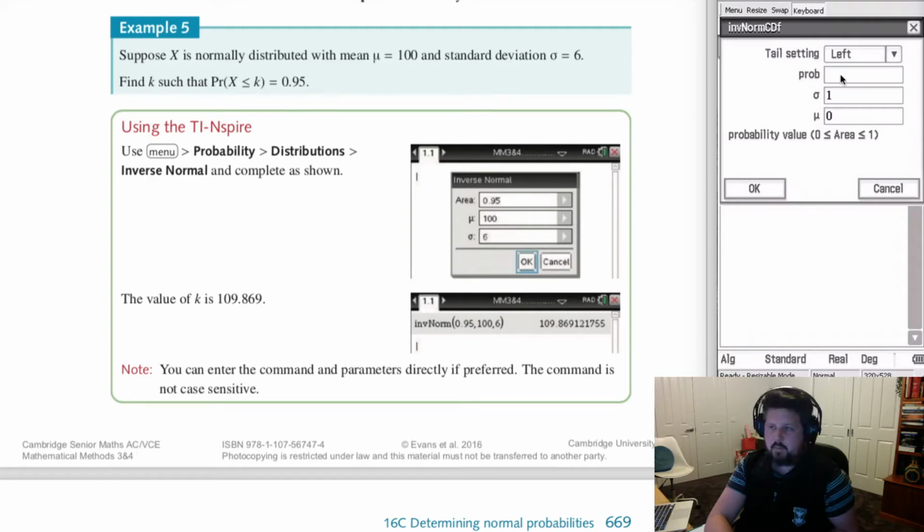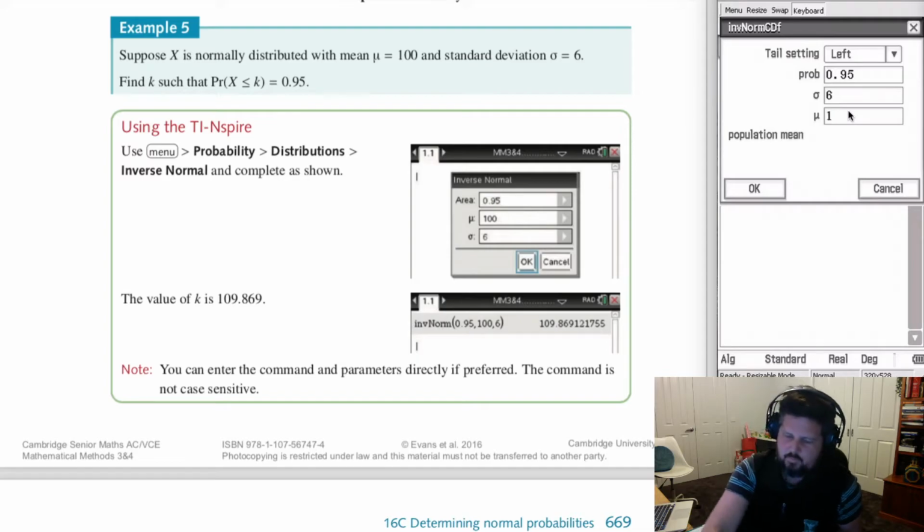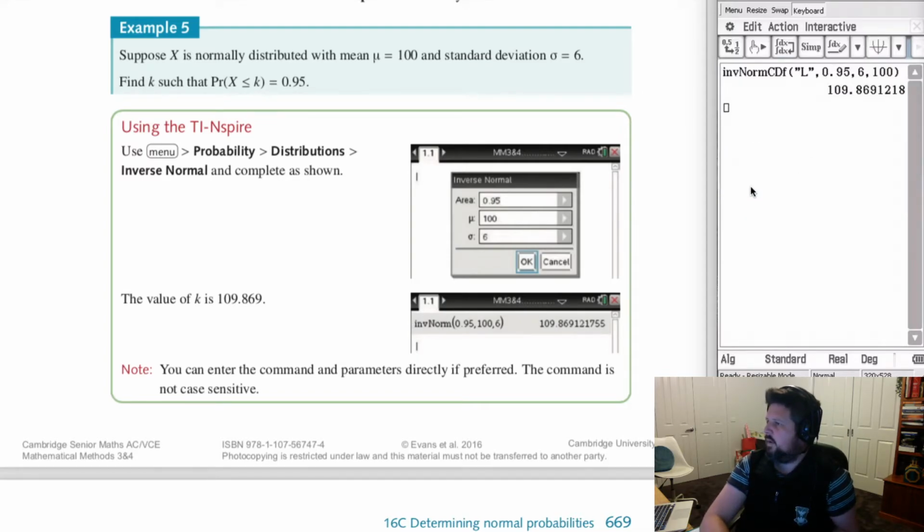And we're going to enter that probability of 0.95. The standard deviation needs to be 6, and the mean is 100. Awesome. So we get, in this particular case, 109.86. Again, we can do it the statistics way.